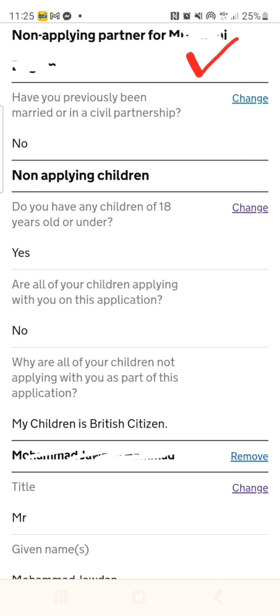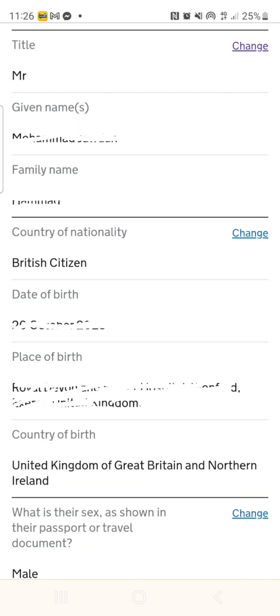Asking for non-applying partner: is there any other partner you are sponsoring? I choose no. Have you previously been married? No. Non-applying children: any children under 18 years old? I have a child but not applying with my application. So yes.